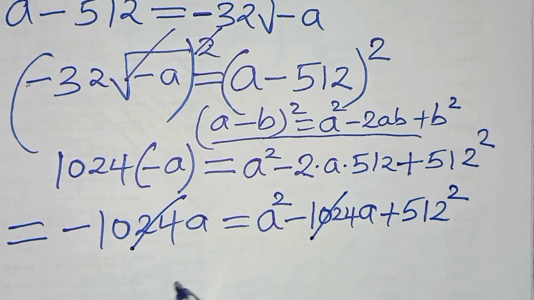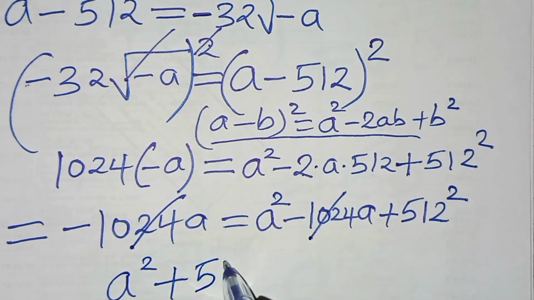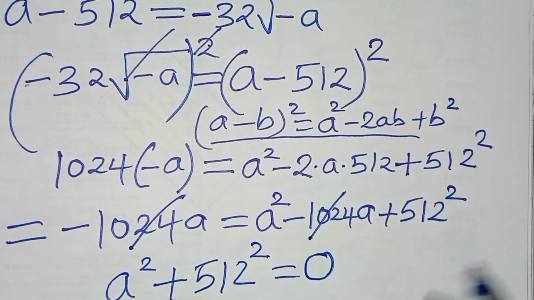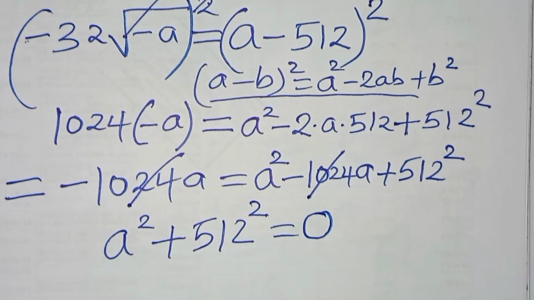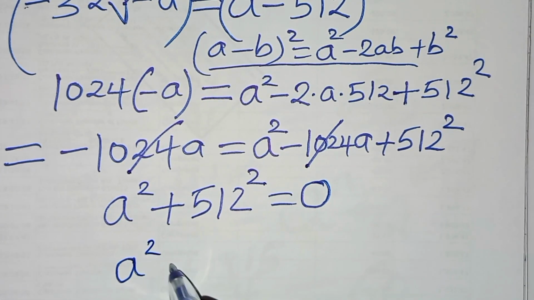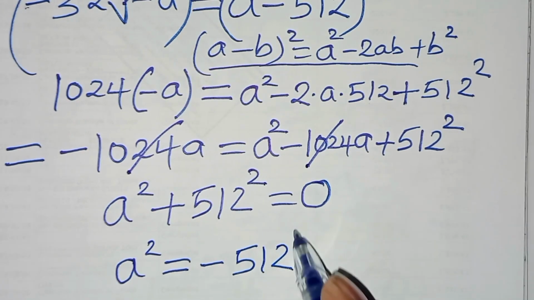So here we have a squared plus 512 squared equal to 0. Now this implies that a squared is equal to minus 512 squared.